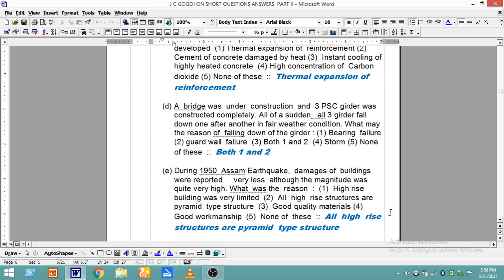Out of this, all high-rise structures are pyramid-type structures. There are a few tall structures, say about 30 meters tall, some 20 meters tall, high stacks of this type, but all are pyramid-type stacks. So it had no damage.